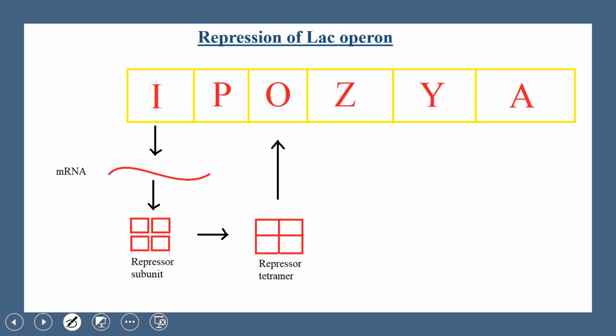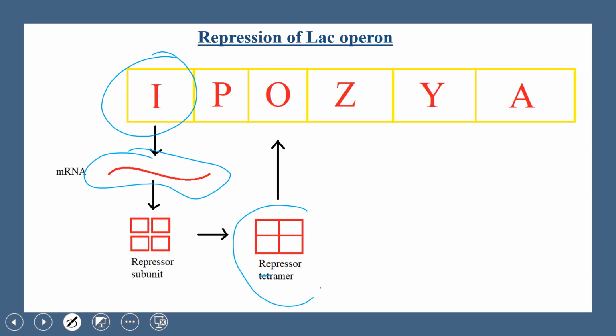So the Lac Operon can be divided into the repression and the derepression of the Lac Operon. Firstly, the regulatory gene is responsible for making the mRNA. This mRNA will encode for the repressor subunits, and these repressor subunits form the repressor tetramer, and this will attach to the operator site.